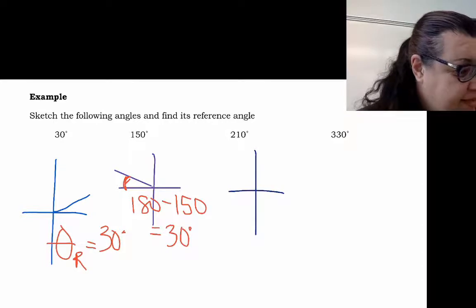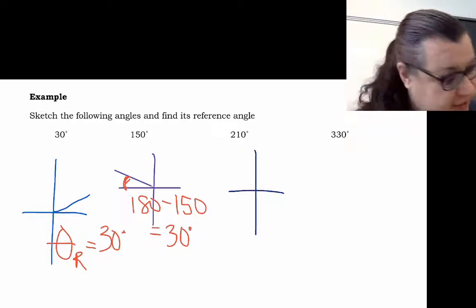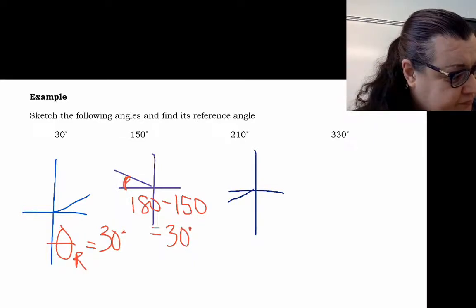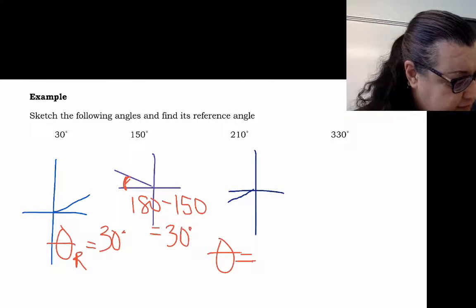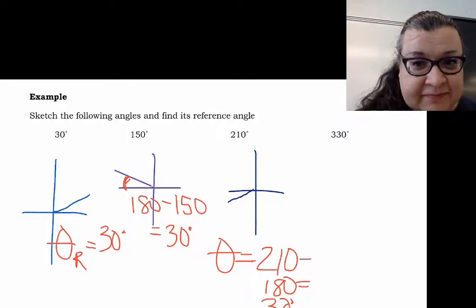Right? 210, greater than 180, smaller than 270. So 210 might be somewhere like here. How do you find your reference angle? Well, we're going to take our entire angle of 210 and minus 180 degrees from it. That would get us 30 degrees.